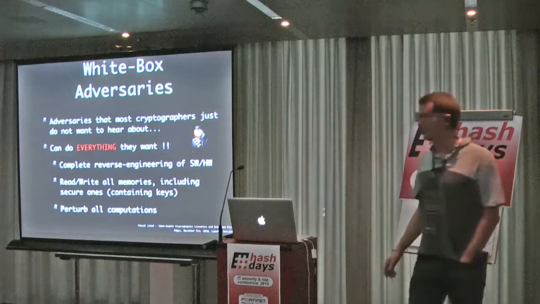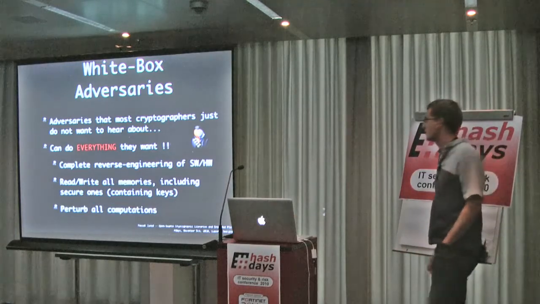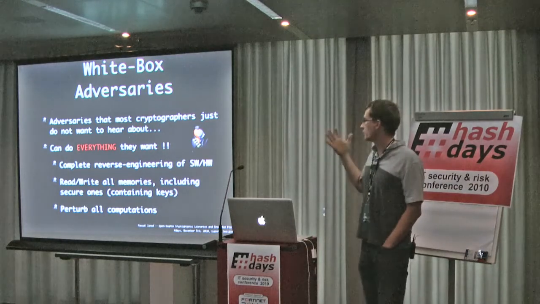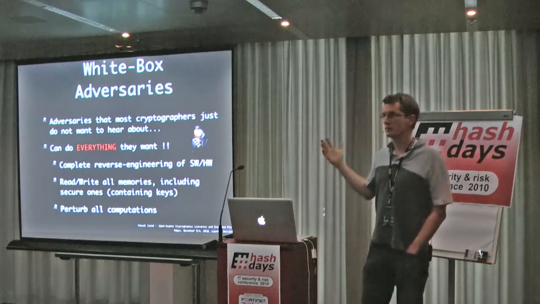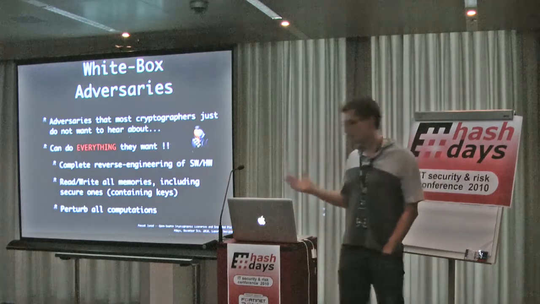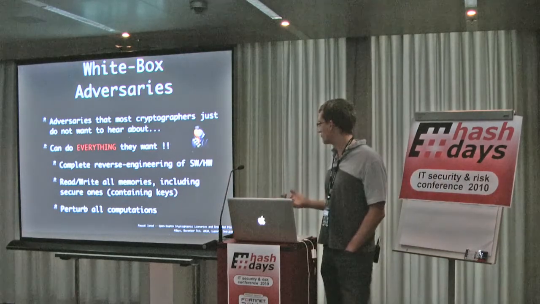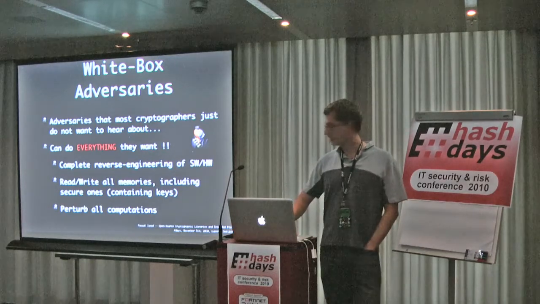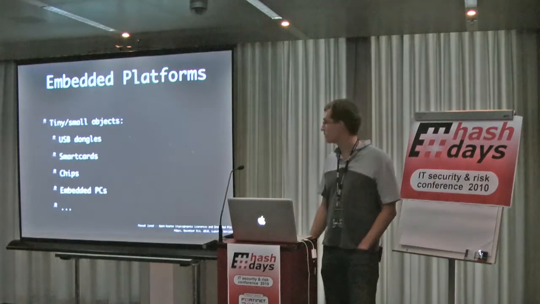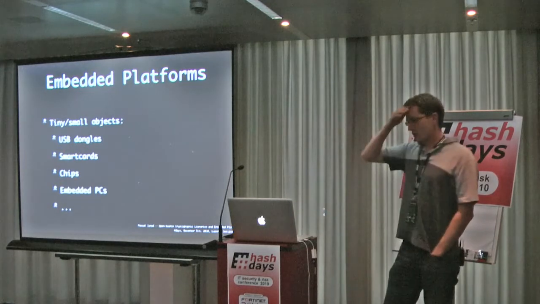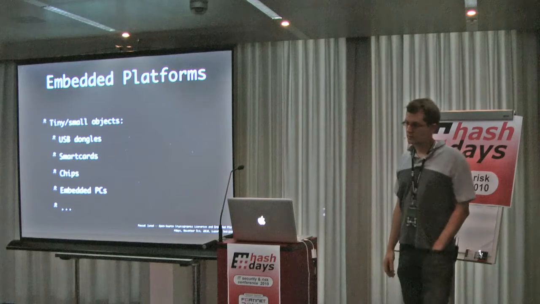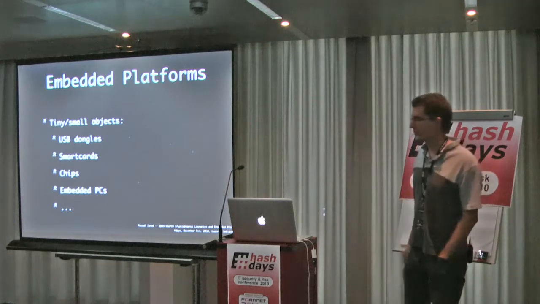They can perturb all computations every time as they like. This is typically a real adversary that we might find in the field and which are breaking cryptographic systems today. And it's very, very difficult to thwart them. So this talk is focusing also on embedded platforms.